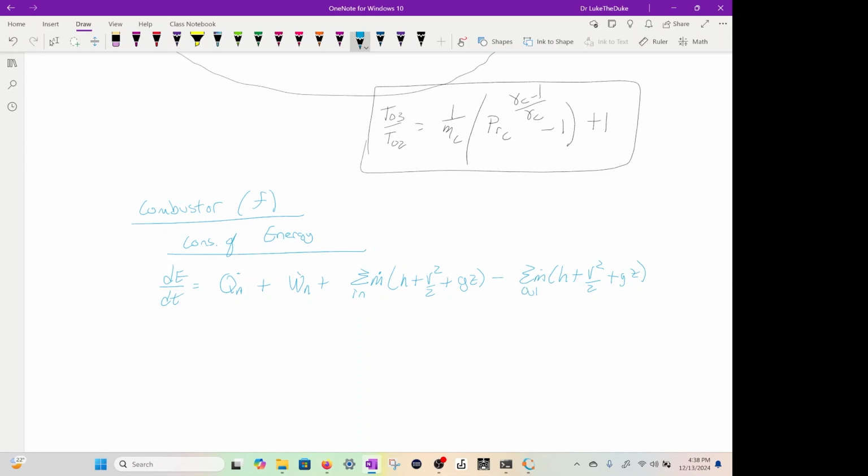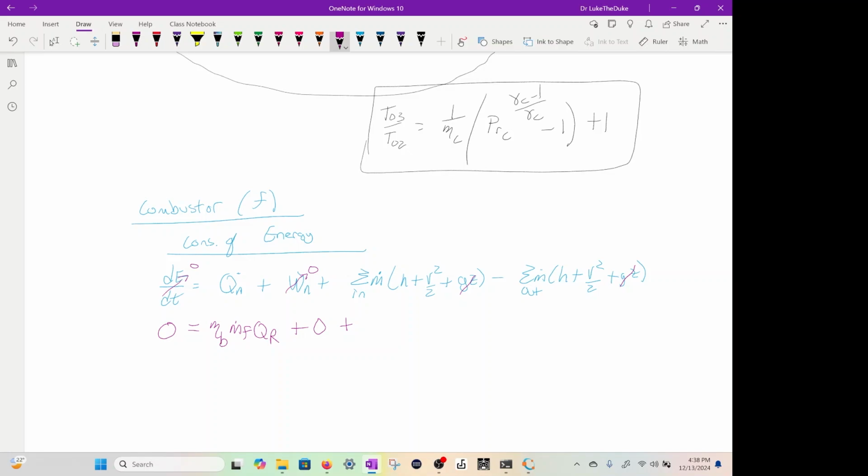Okay? So steady state, that's 0. In this, there is no mechanical work. So we get 0 equals the heat, including the efficiency of the burning of the combustor, is A to B times mass of the fluid times our QR, our heat value, plus 0 plus elevation changes, we'll neglect.